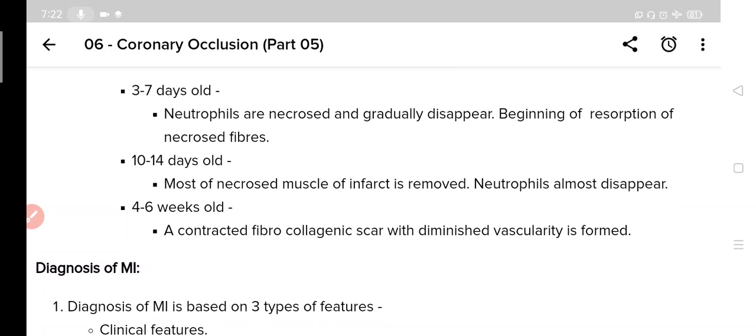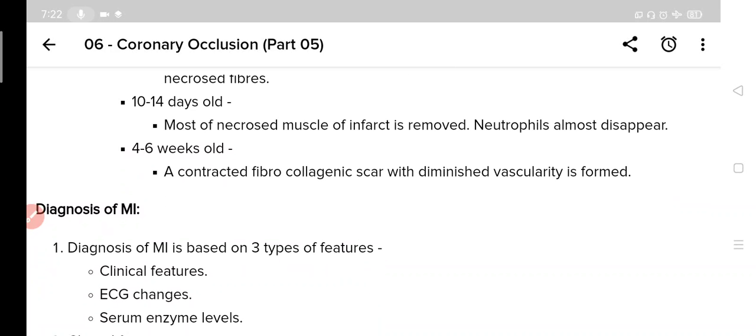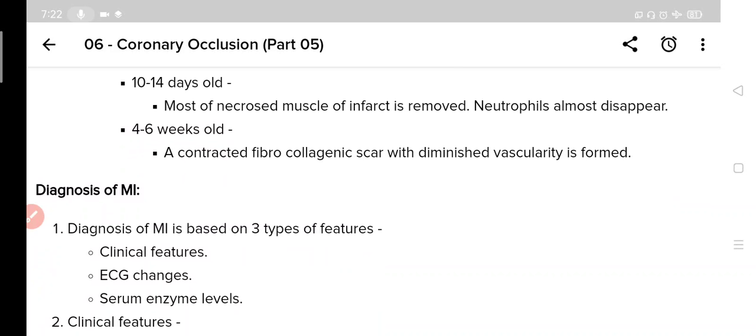The same thing is happening under the microscope also. If the infarct is 10 to 14 days old, most of the necrosed muscle of the infarct is removed, and neutrophils almost disappear because their function is complete; they have absorbed the infarcted muscle, so now they disappear. In a 4 to 6 weeks old infarct, there will be a contracted fibrocollagenic scar with diminished vascularity.